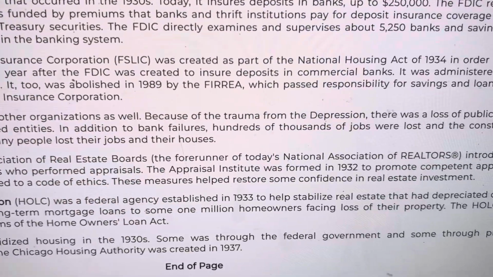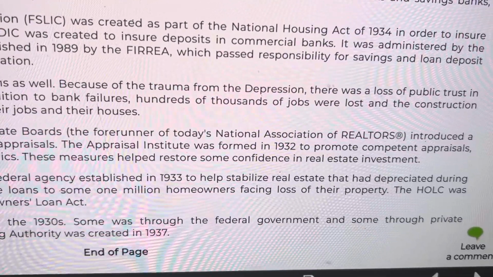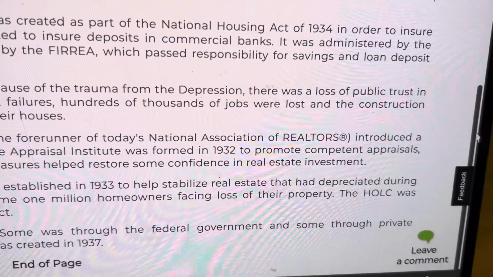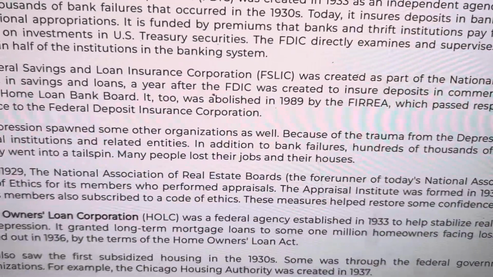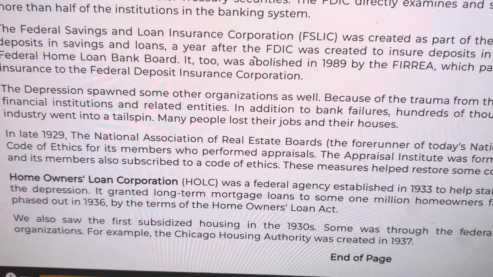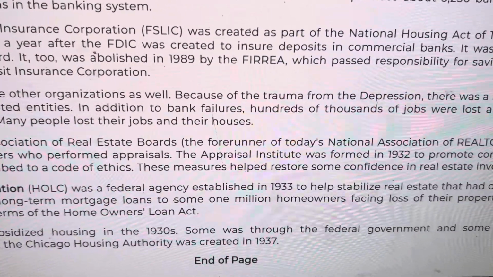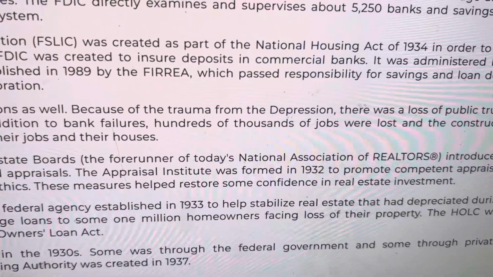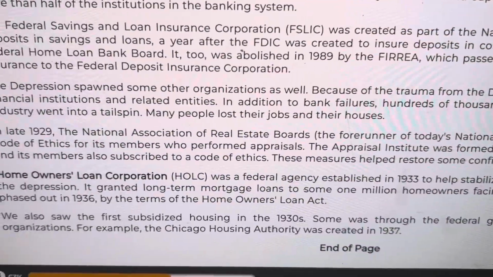The Appraisal Institute was formed in 1932 to promote competent appraisals, and its members also subscribed to a code of ethics. These measures helped restore some confidence in real estate investment.